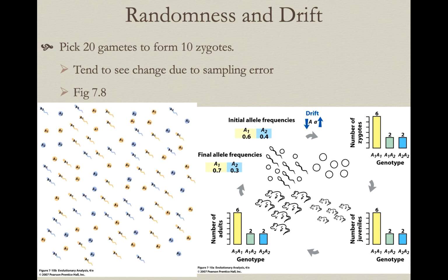All right? And let's say that you have put this up like a dartboard, and you threw 20 darts to select 20 gametes that are going to form 10 zygotes, and see what the next generation is going to be based upon your random selection of these gametes.